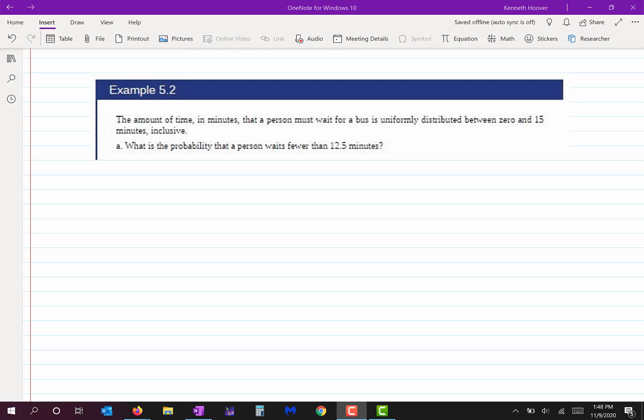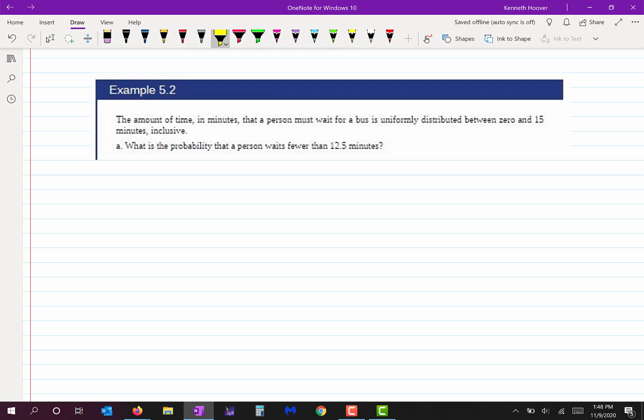It says the amount of time in minutes that a person must wait for a bus is uniformly distributed between 0 and 15 minutes inclusively. Let's draw a graph of that distribution. It is uniformly distributed, so the graph of this distribution will go straight across.